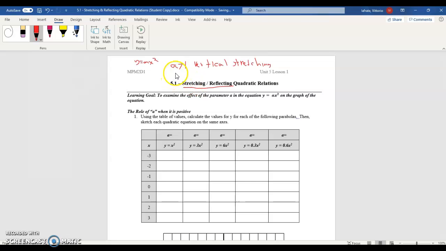If we have a is less than 1, but still positive, so still more than 0, then we have a vertical compression.